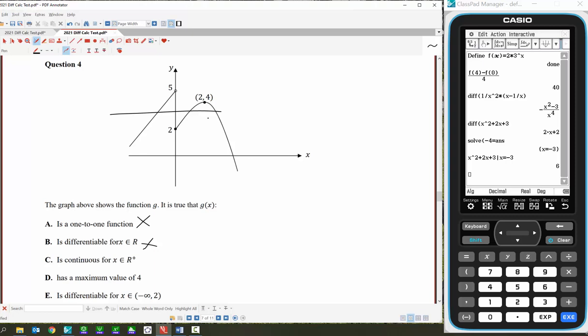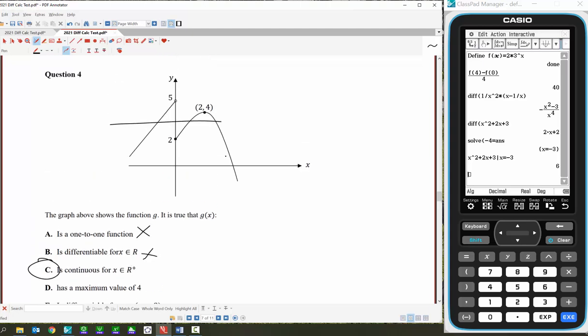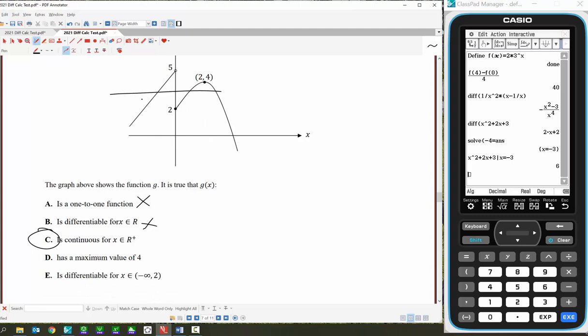Yeah, definitely, it's continuous for this point here, so that's it. Let's just rule that out. It has a maximum value of 4. It's got a local max at x equals 2, y equals 4, but the absolute maximum is infinitely close to 5, so definitely not. Is differentiable over negative infinity to 2? No, because it's not continuous there, so no, it has to be C.